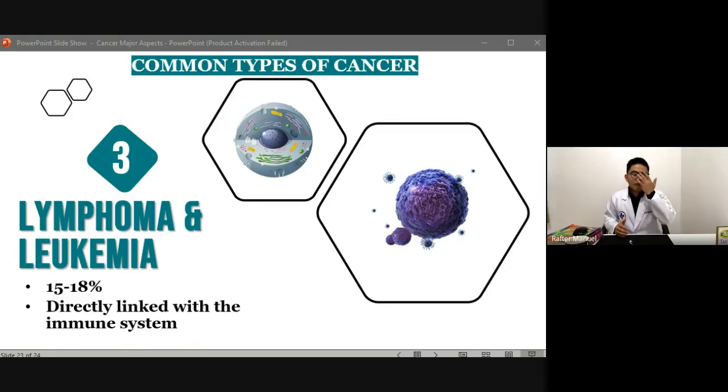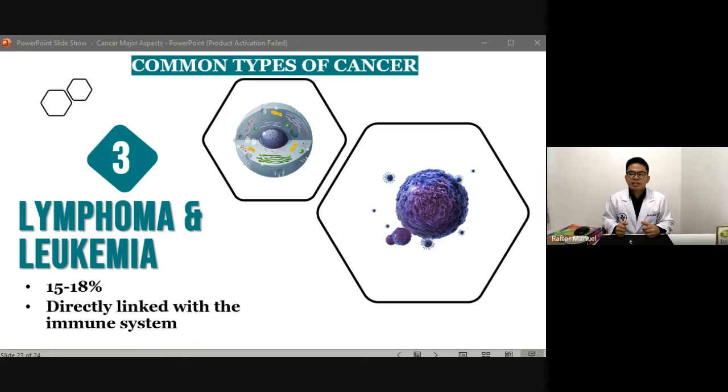Lymphoma, as the word suggests, is cancer in our lymph nodes, like the spleen. Leukemia is totally different. They are single cells. They are liquid cancer. They are not in mass but floating liquid, moving rapidly as single cells but having all the properties of cancer.